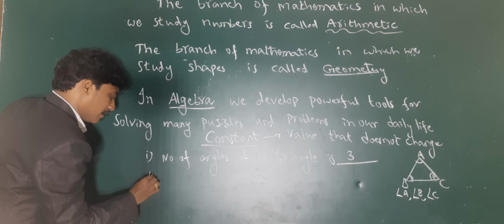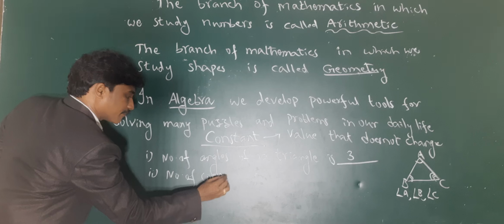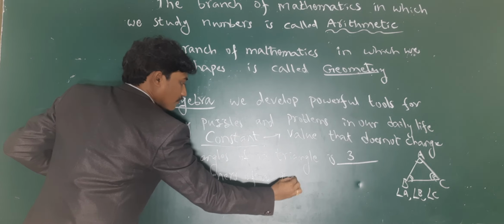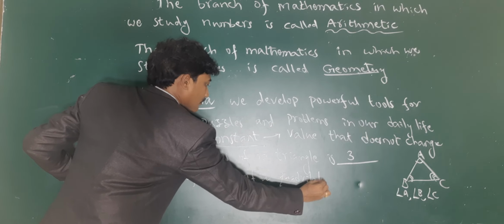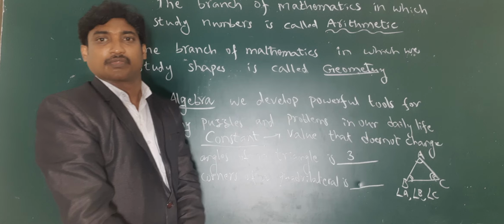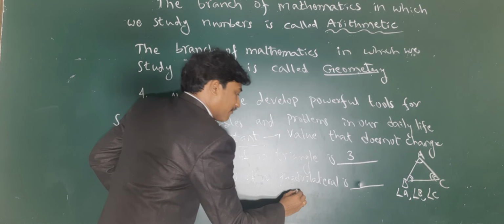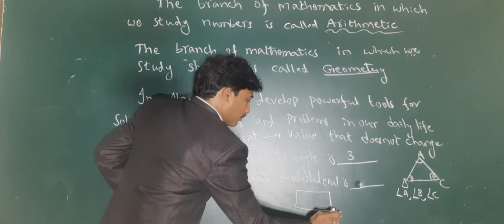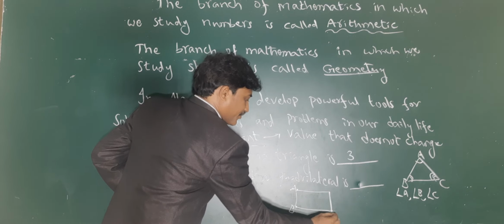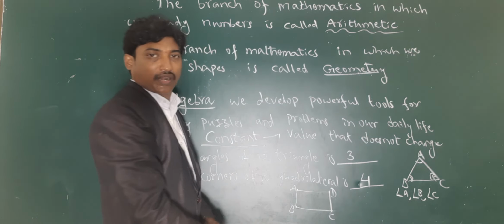One more. Number of corners of a quadrilateral. For every quadrilateral, there will be only 4 corners, A, B, C and D. It is fixed for every quadrilateral.